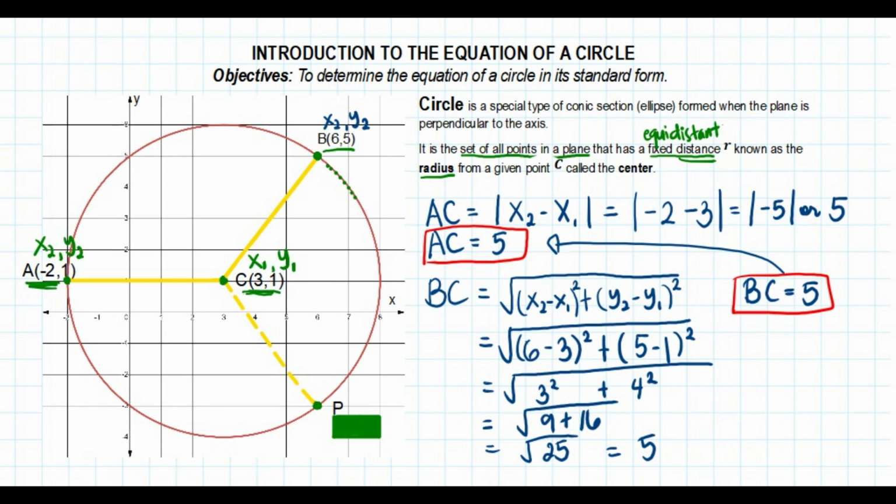Yes, they are equal. So can we say that this point P, which is unknown, will be also 5 from the center to point P? Yes. Kaya, yan ang conclusion natin that P to C is also 5 units ang distance.